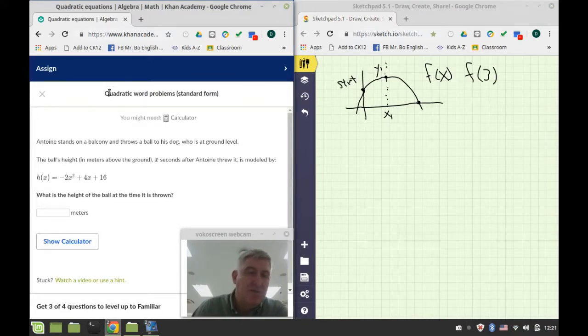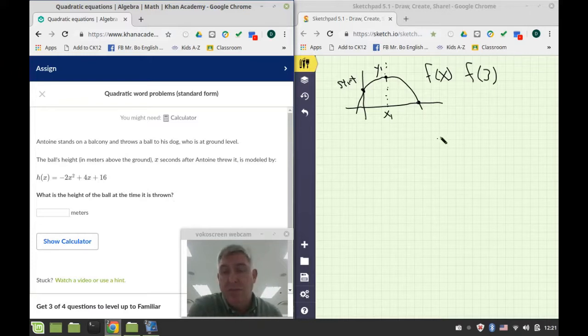All right, so our first problem reads, Antoine stands on a balcony and throws a ball to his dog, who is at ground level. The ball's height in meters above the ground, x seconds after Antoine threw it, is modeled by this equation. What is the height of the ball at the time it is thrown?